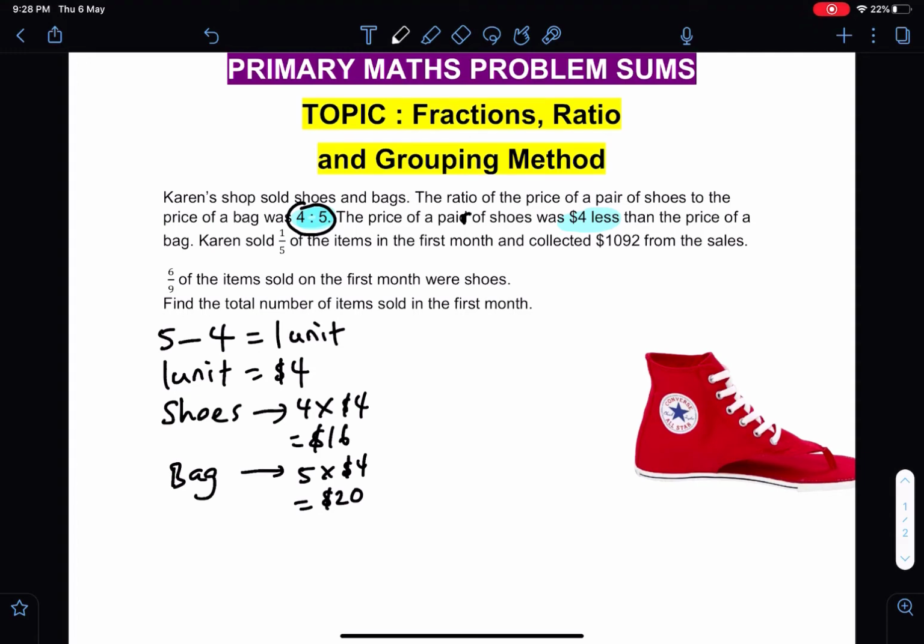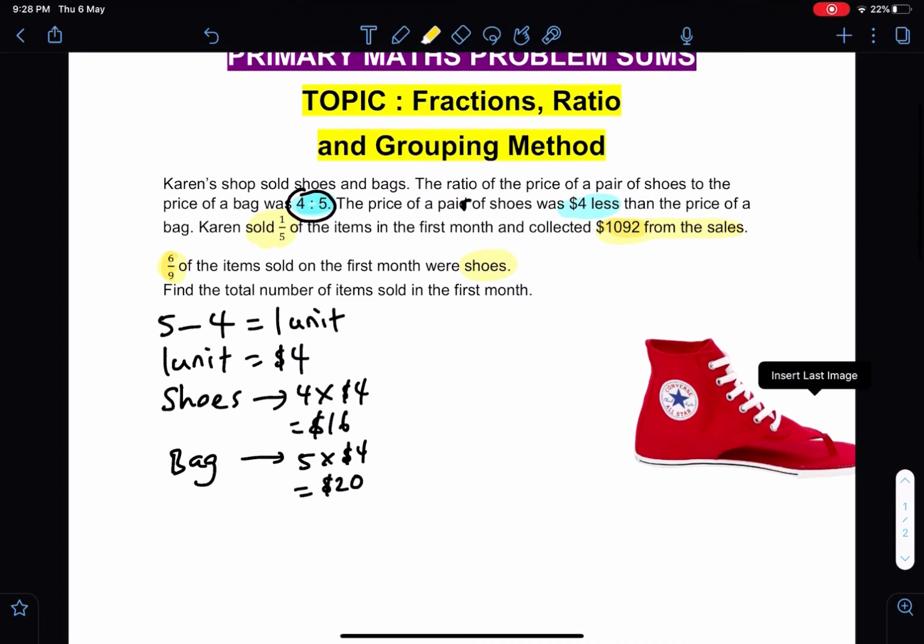Now Karen sold 1/5 of the items in the first month and collected $1,092 from the sales. 6/9 of the items sold in the first month were shoes. Now there is something amiss here, because they have said that Karen sold 1/5 of the items, which means that she only sold one part out of a total of 5 parts.